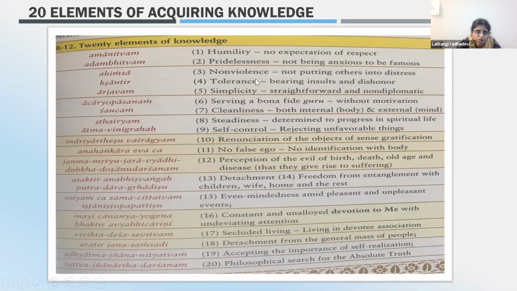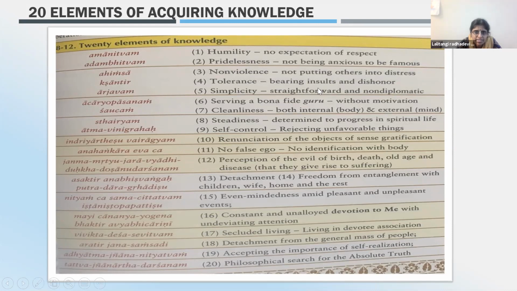Ahimsa, non-violence. We will see all these things, but we are just reading to understand, because Prabhu, this is from Subodhini, he has nicely put what each one is from the purport that Srila Prabhupada describes. Not putting others into distress.